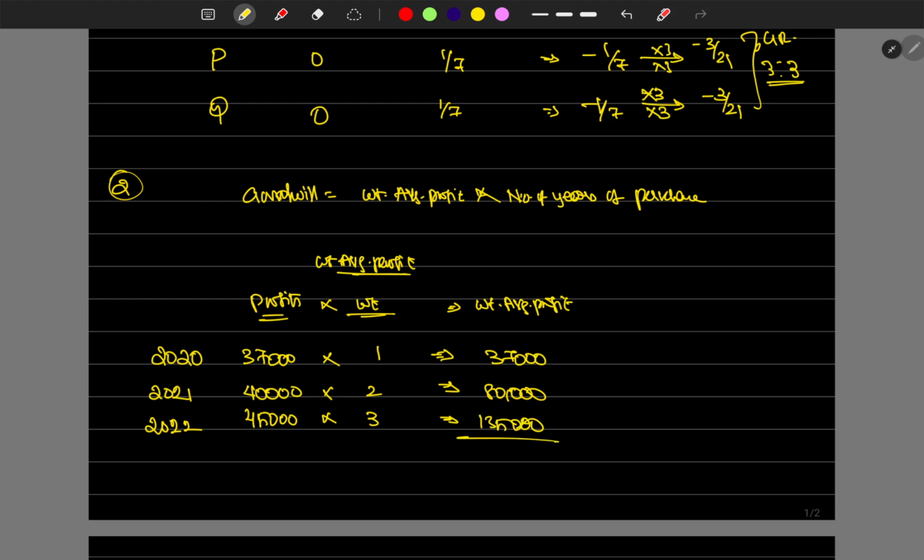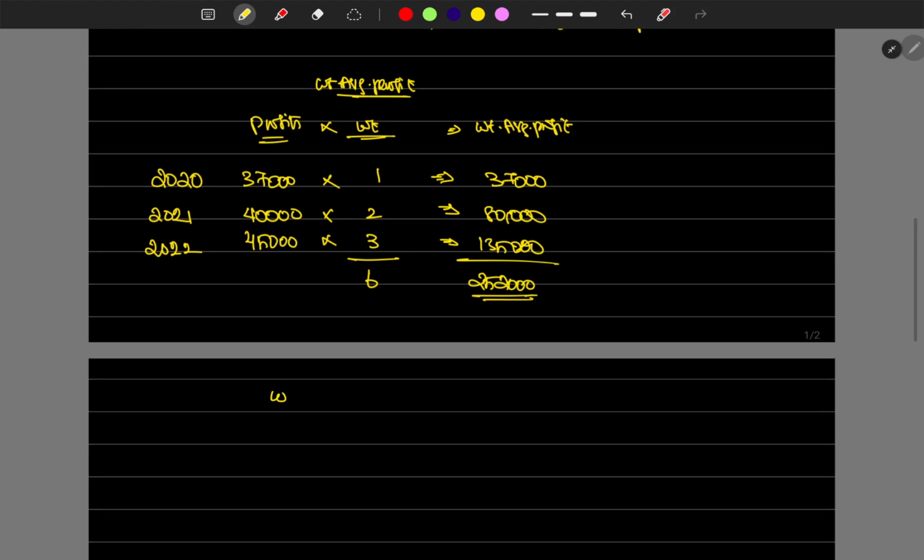So the total is 2,52,000. What's the total weight? Weight is 6. So what's the weighted average profit? 2,52,000 divided by 6, which is rupees 42,000. That is the weighted average profit.